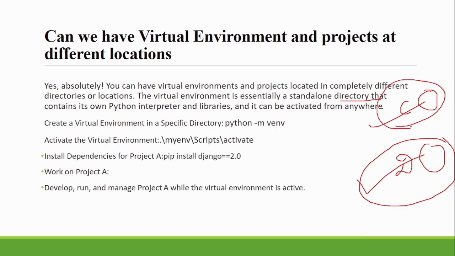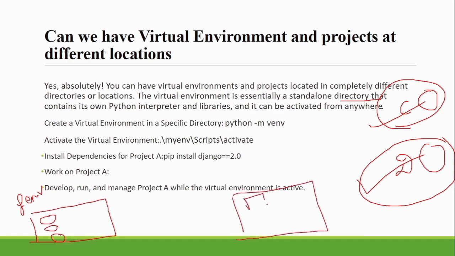What happens whenever we are working on projects, we create one folder for virtual environments where we create all the virtual environments, and the project folders we keep different. The first project, second project, we create separately. This is totally okay. But if you want one folder containing both the virtual environment and your project, that is also totally fine. So anyway, you can do it.